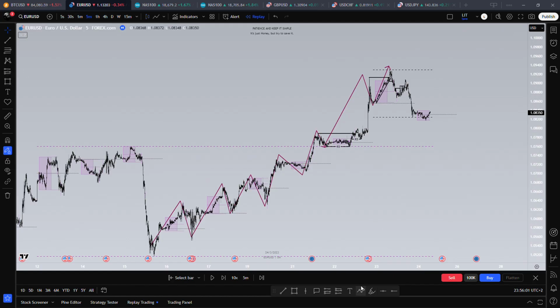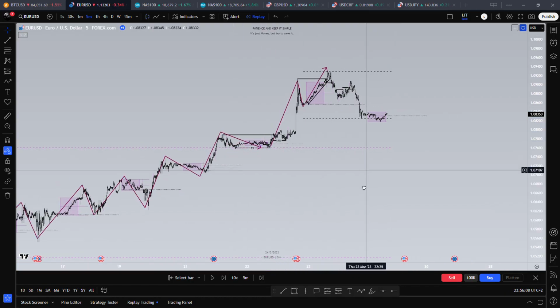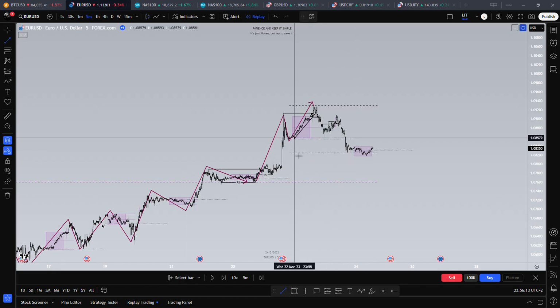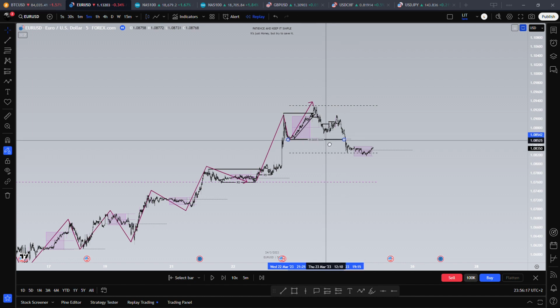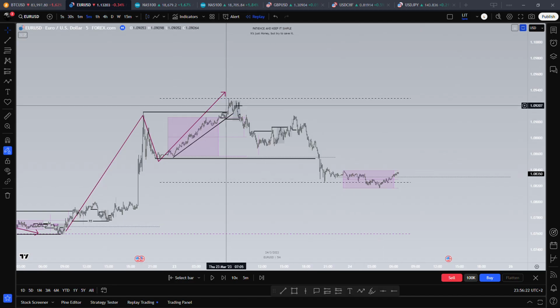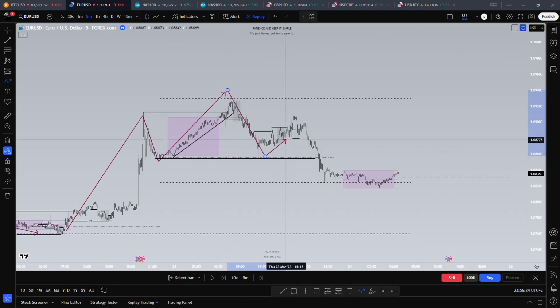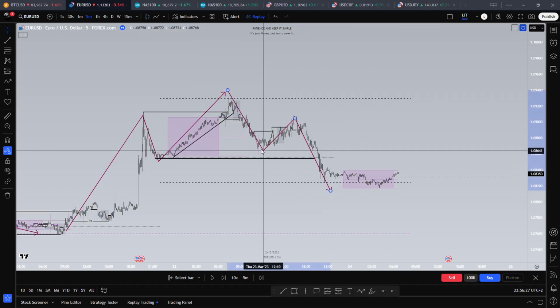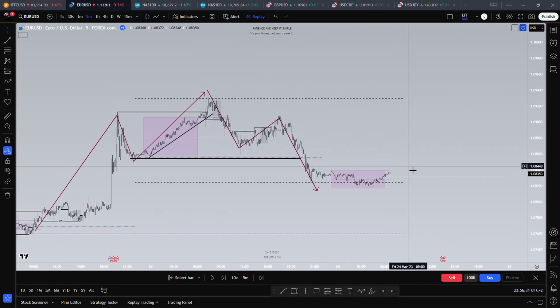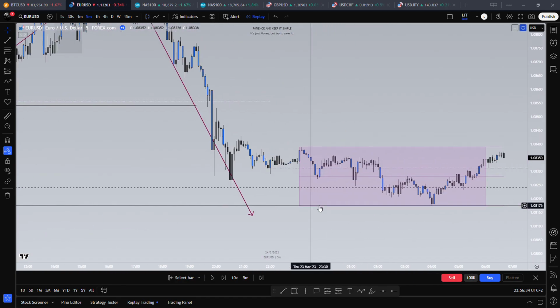Okay, now as you can see, we had this, bam, bam, bam, and now we had this break. Okay, so maybe we can start looking for sells here, and if we break this, we can start looking for buys probably. Okay, or like an entry.